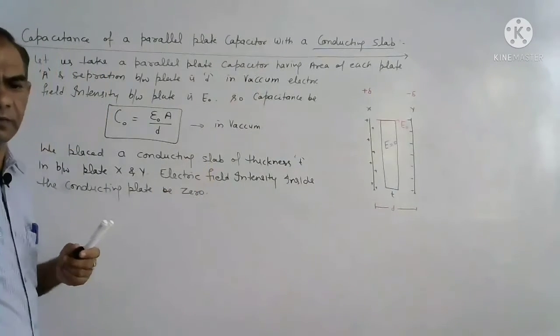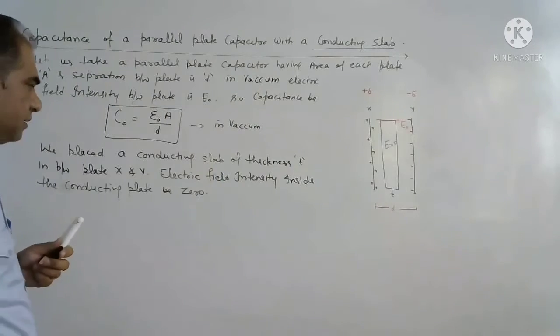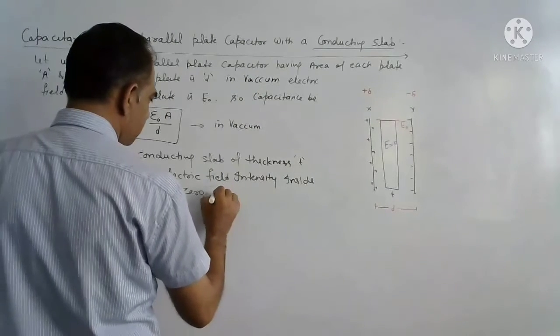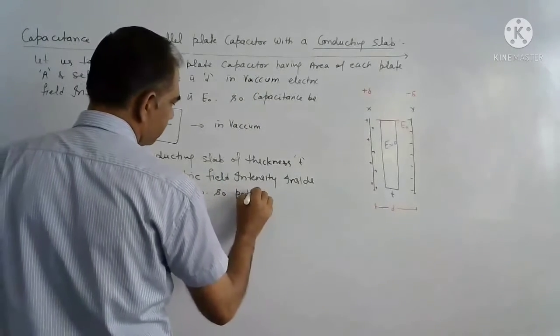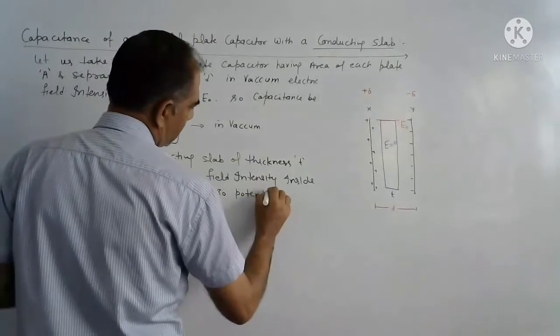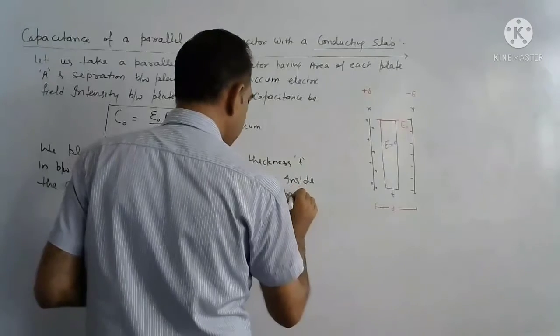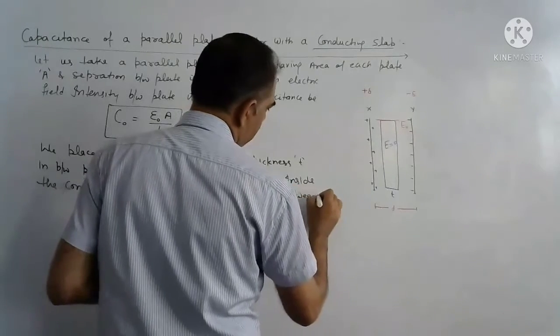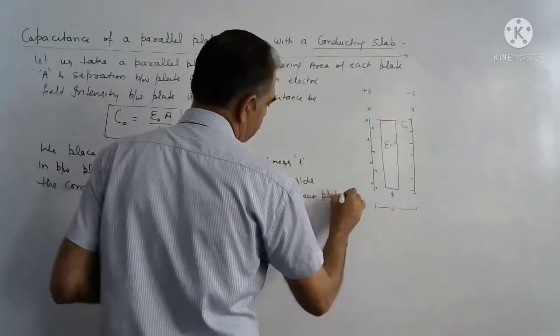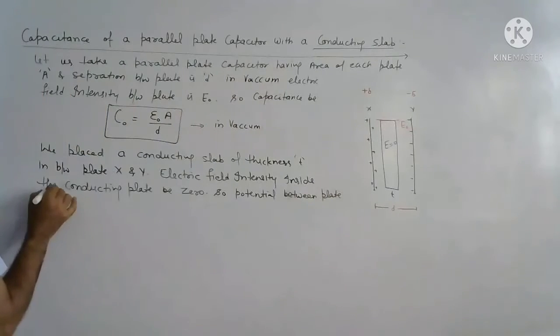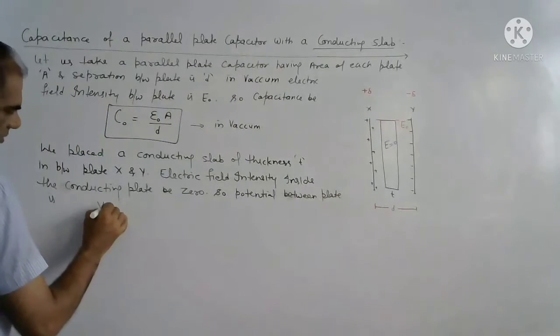This is the property of a conductor. So the potential between the plates is this potential V.